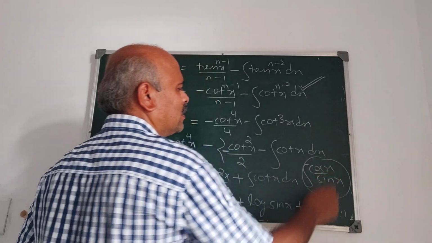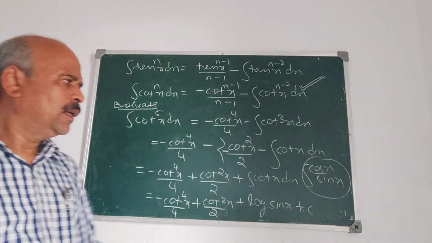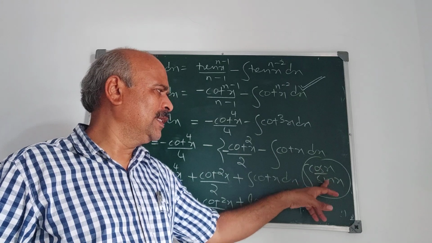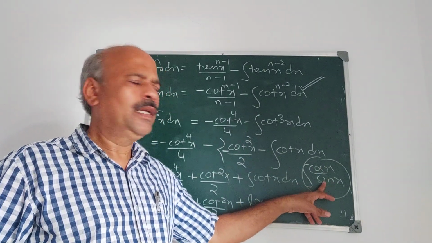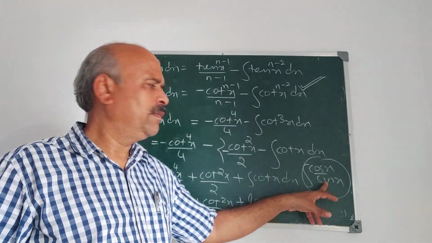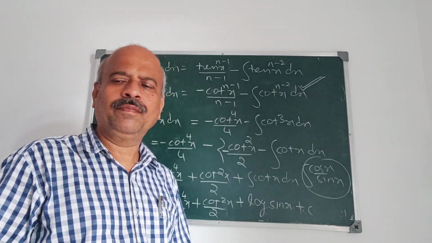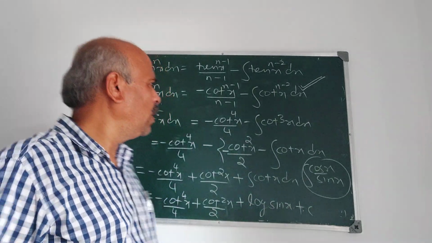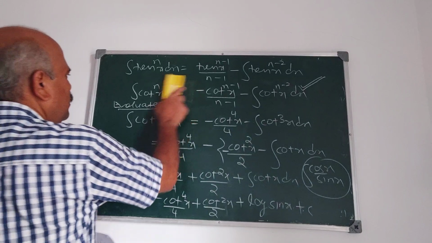It is of the f dash x by f x form. Because if the numerator is the exact derivative of the denominator, the integration is log of the denominator, log sin x plus c.